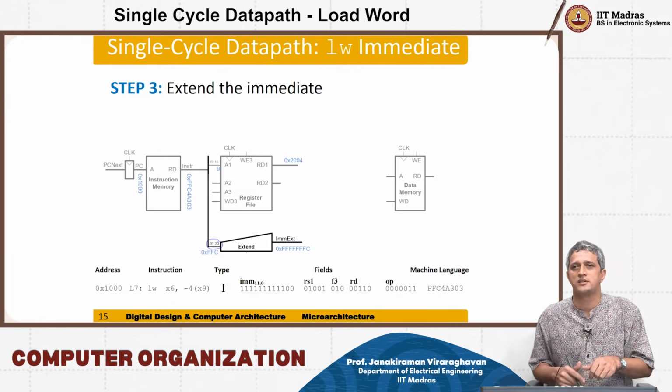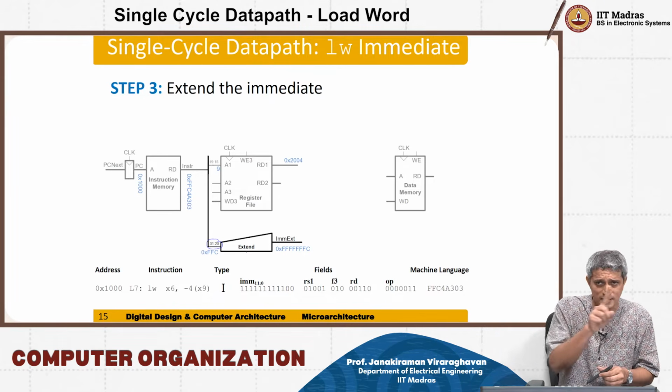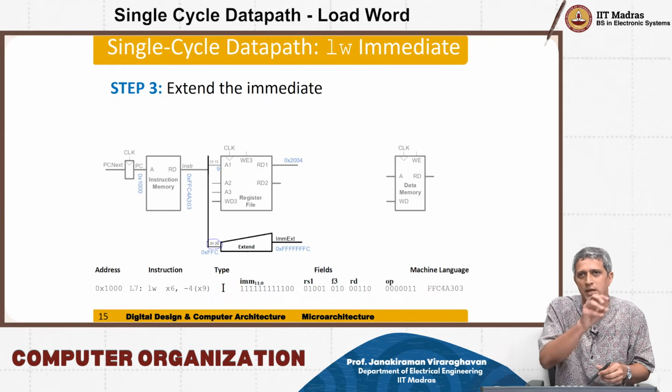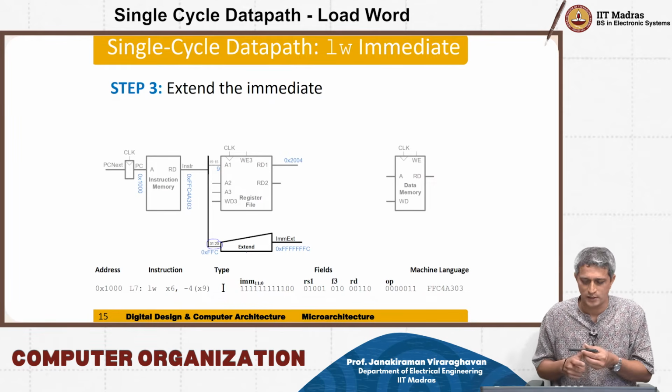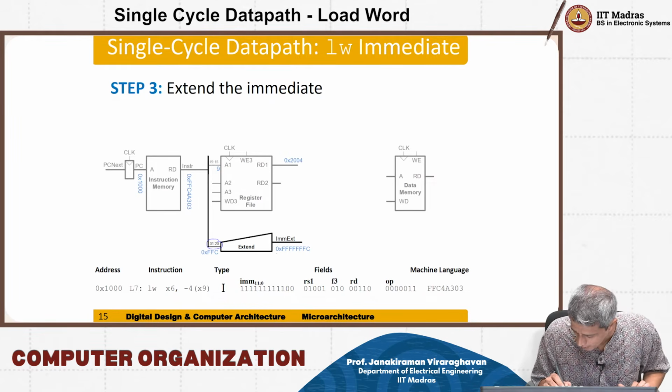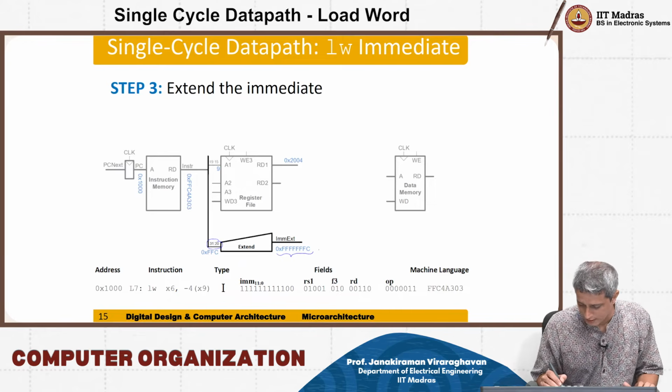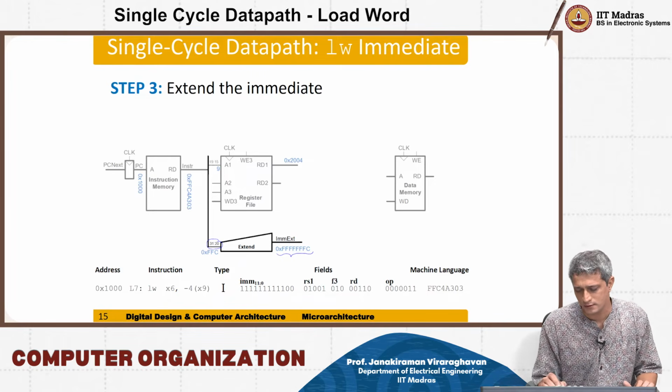What is that doing? It is just taking the last bit and just extending the sign. So it's actually a very simple operation. It's just copying that bit into all of these places, and it gives you the sign extended number. So it turns out that this number here is some FFFFC.